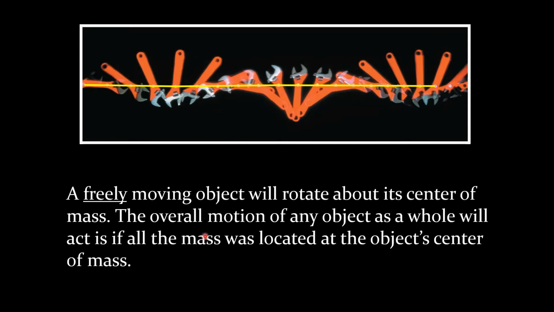So that's what I mean by the object as a whole will act as if all the mass was located at that object's center. Okay, but if the object is free to rotate like this wrench was, then it rotates about that center of mass. That's what all objects want to do if they're rotating. They want to rotate about their center of mass.